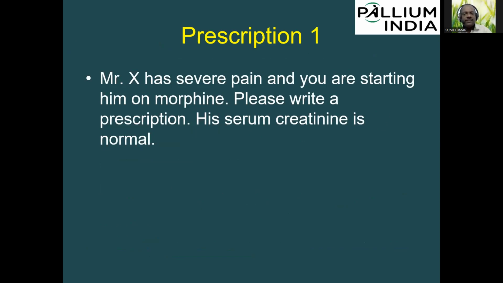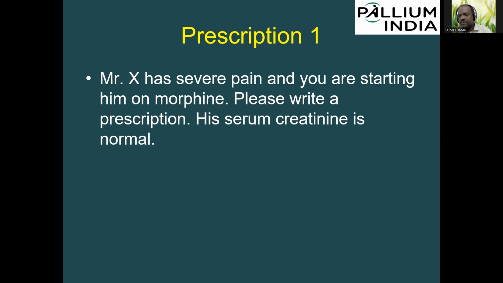So I would like to show you a patient story. This is Mr. X, who has severe pain, and you are starting him on morphine. Please write a prescription. His serum creatinine is normal. Can anybody tell me how you will write for a patient who has severe pain and you are starting him on morphine for the first time?